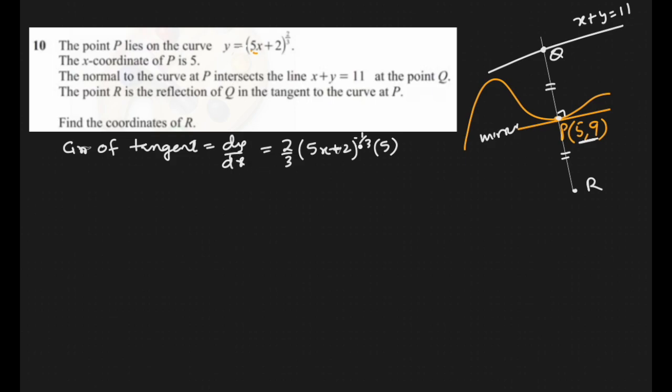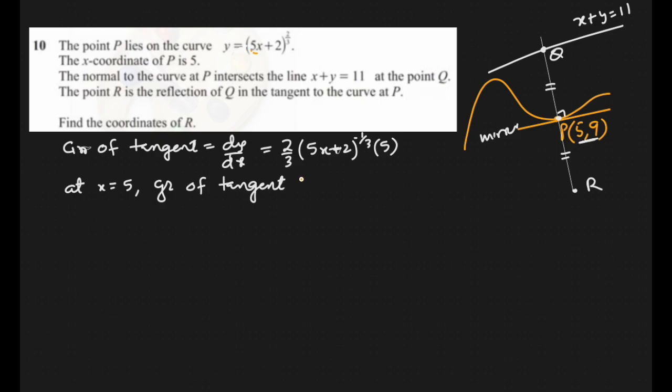So dy over dx is this. At x equal to 5, the gradient of the tangent, what will that be?